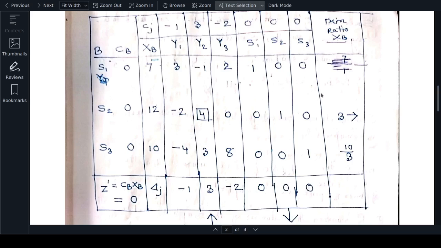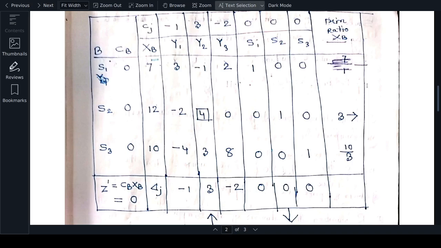Clear? Yes. Can the minimum ratio be zero? Zero you can take. Only negative and infinite values you cannot consider. So here our minimum ratio is 3, so the S2 row will be our minimum ratio row.